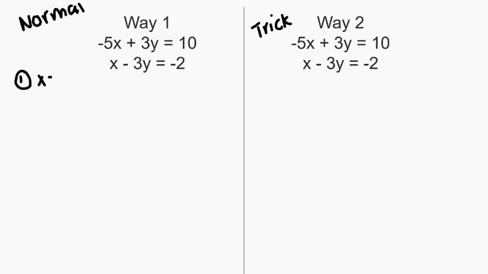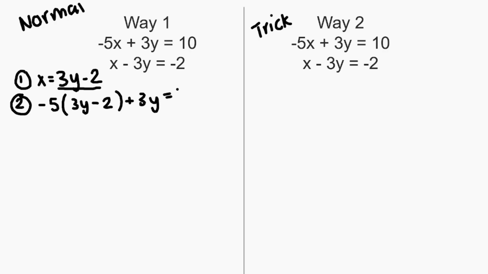So x becomes 3y minus 2. And we know this because we can just add 3y to both sides. Our next step is going to be putting 3y minus 2 into x in our first equation. So let's do that. Negative 5 times 3y minus 2 plus 3y equals 10.